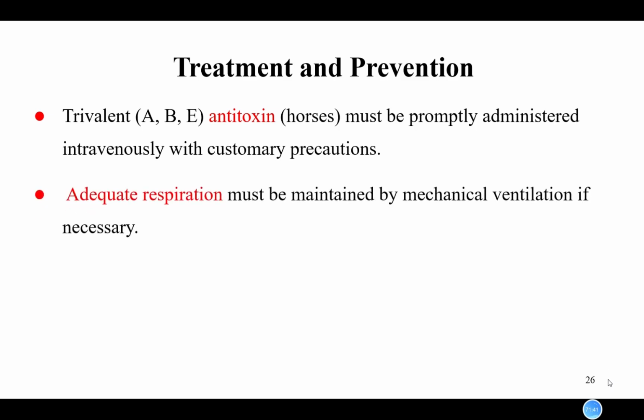And if your patient is suffering from a respiration or ventilation problem, if necessary, provide proper ventilation, such as mechanical support to help them get in enough oxygen and enough gas exchange. That's usually carried out in any hospital, the respiration machine.